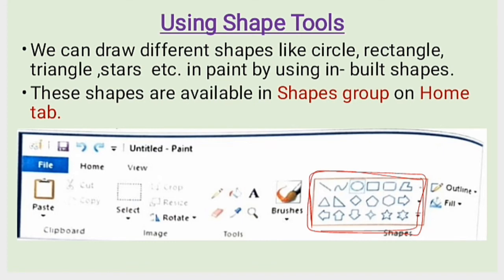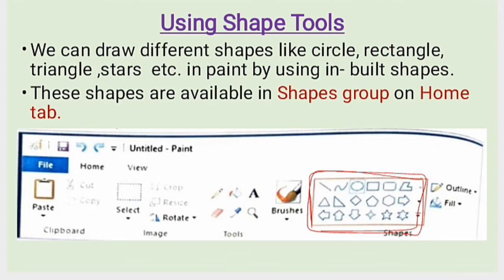This means that when we are using Paint, we don't have to draw the shapes with the pencil. We have inbuilt shapes in the Paint window. We can use these shapes directly on our Paint screen. We just have to drag the tool from the shape tools and drop it on our drawing area.